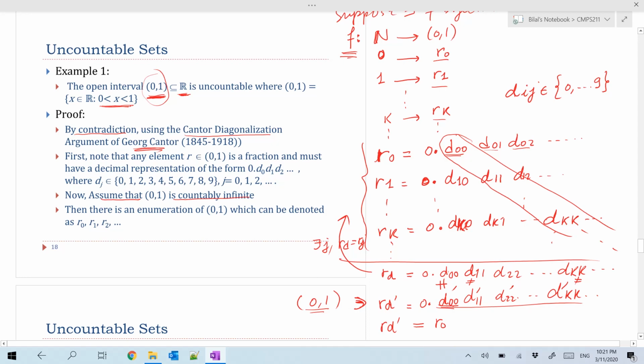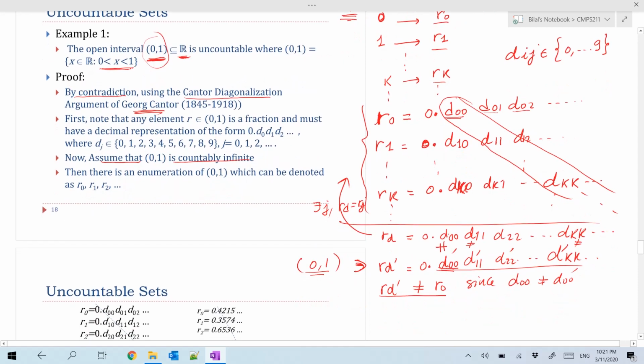So this is why Rd prime is different than R0, since simply d00 is different than d00 prime. So at least one digit is different between these two real numbers.